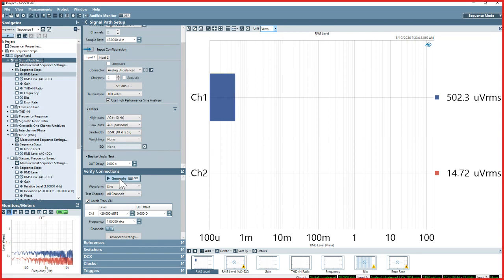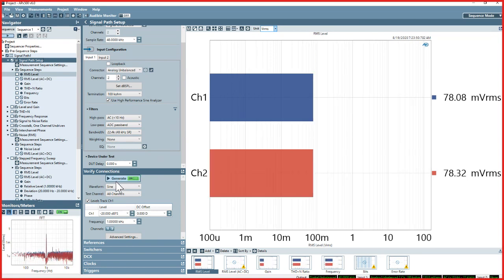And I'll turn on my signal generator. At -20 dBFS, so that's the signal I'm digitally generating, I get a response from the device of 78 millivolts. So that device is up and running.